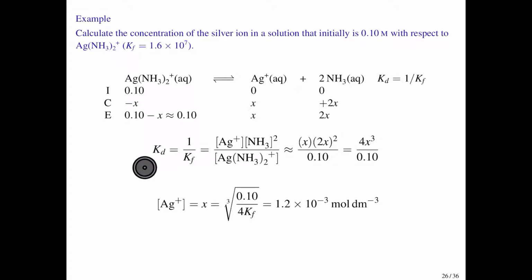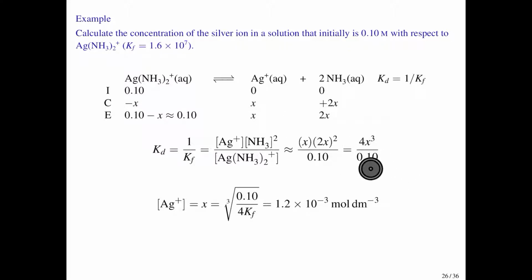We set up the Kd expression. Kd will be 1 over the given Kf. We have the concentrations of the ions divided by the initial concentration of the complex ion. We substitute in our approximations, so x times 2x divided by 0.1. And then what we want to do is simplify the expression and then solve for the value of x, which will give us the desired silver concentration.